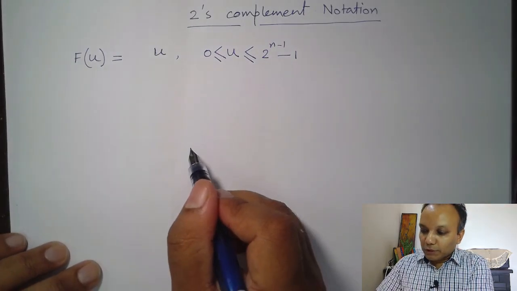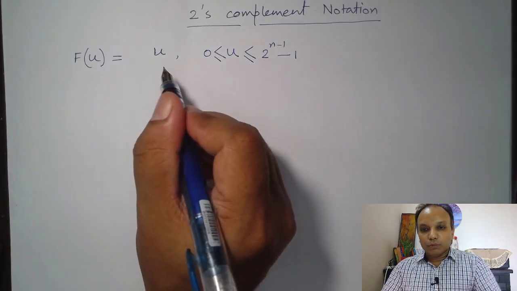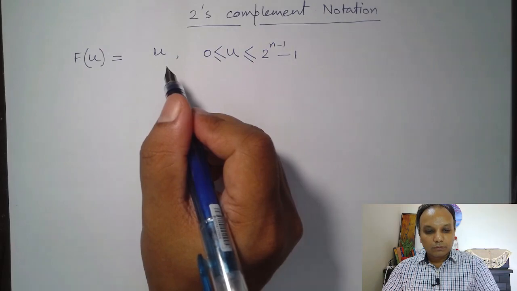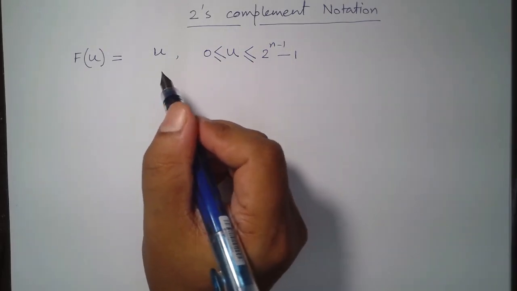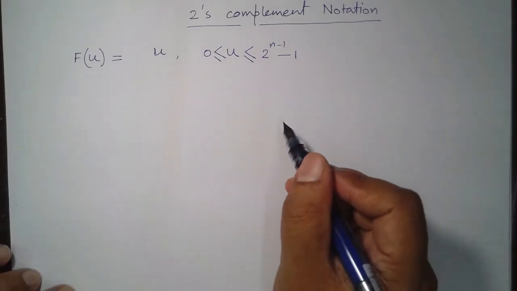If the number is positive, then it will be represented as u.